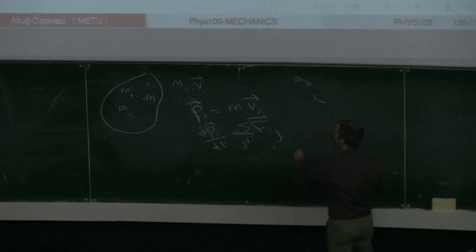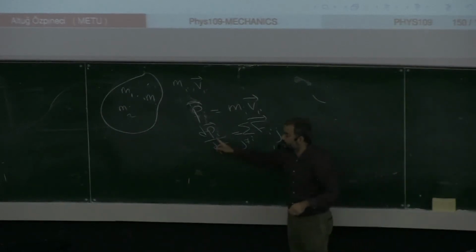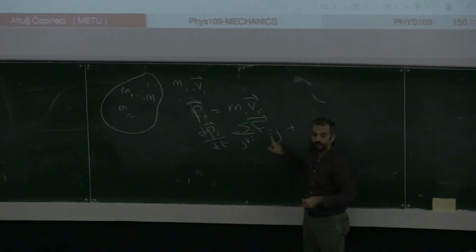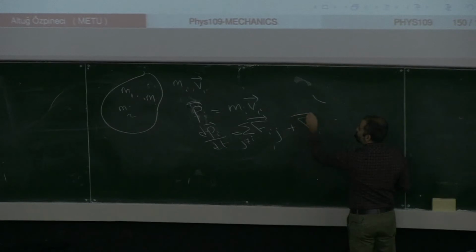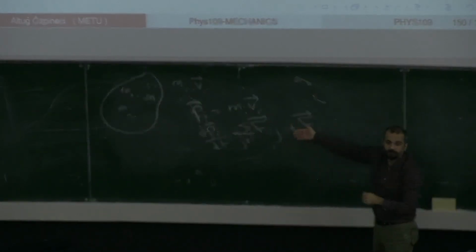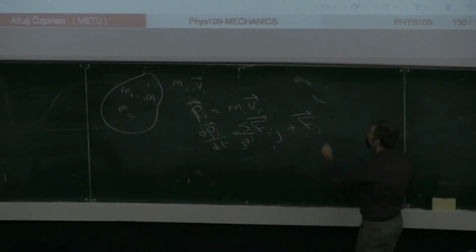But if I'm talking about the Earth, there's a force acting on Earth due to Moon, but there's also a force acting on Earth due to the Sun, the other objects that I'm not considering in my system. So let's call this the external forces.